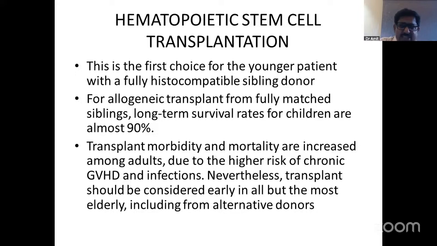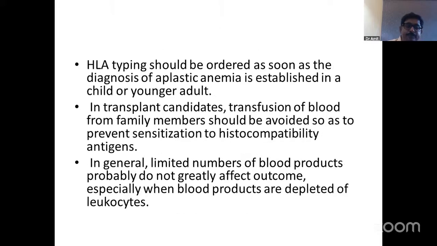The situation is slightly grimmer for adults or late adults because transplant morbidity and mortality are increased because of chronic graft versus host disease and infections. Nevertheless, transplant should be considered in all patients, irrespective of age, if alternative donors are present.